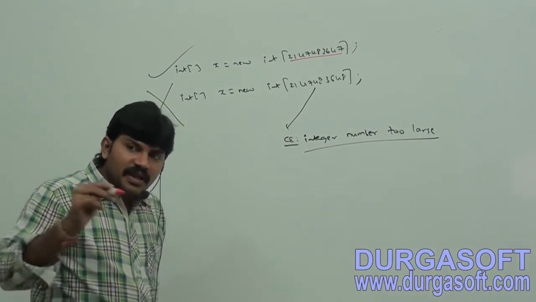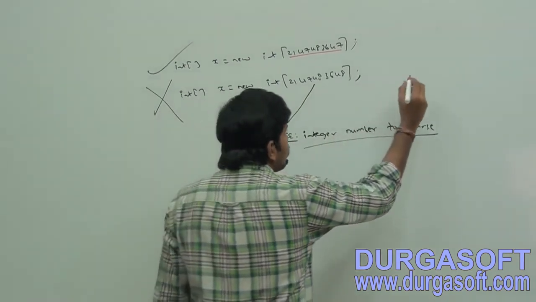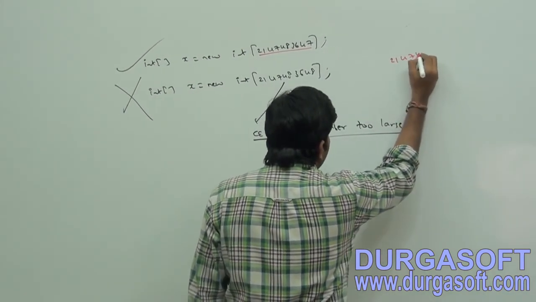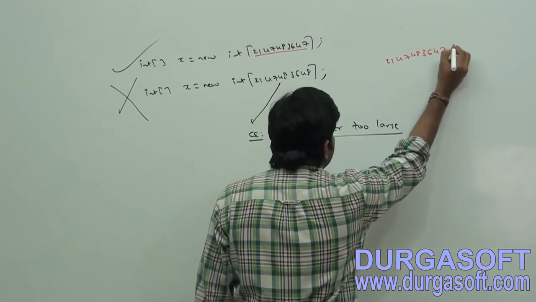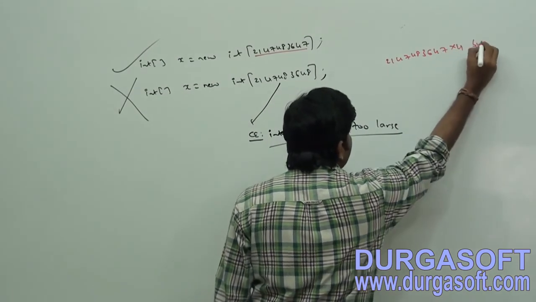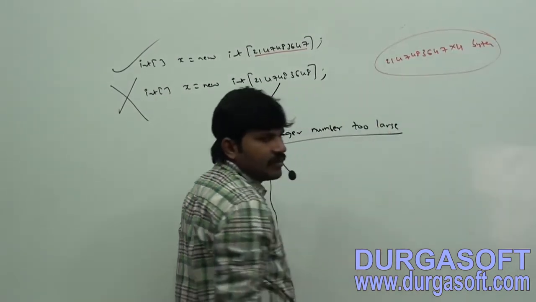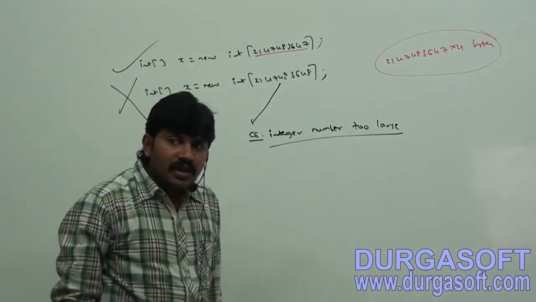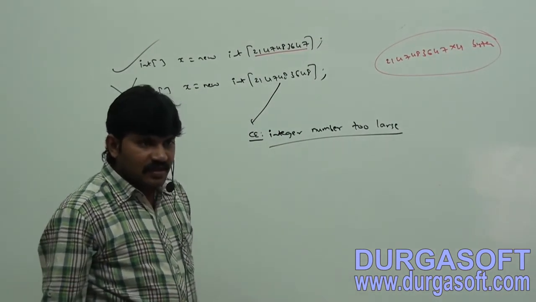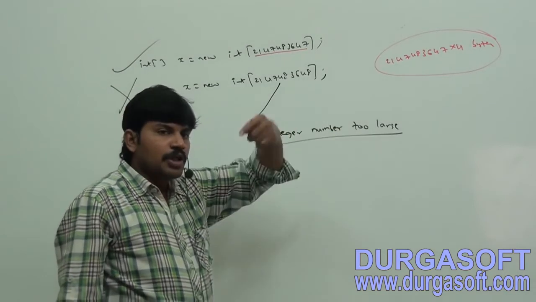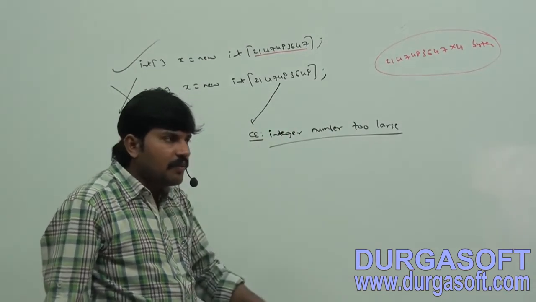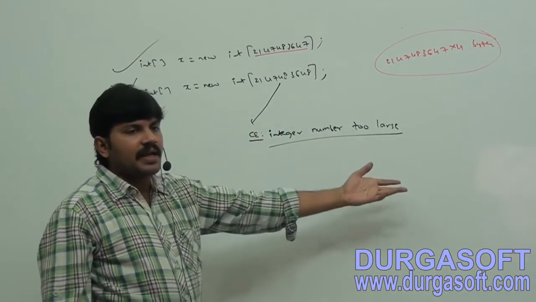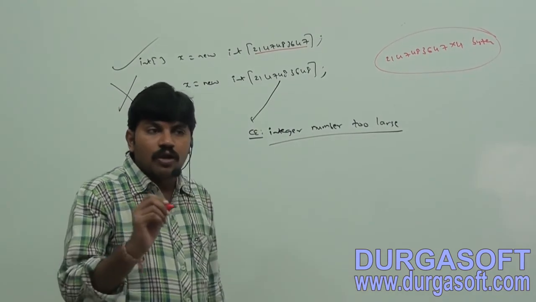So 2147483647 times 4 bytes of memory is required to create this array. This much memory may not be available in my system, and then we are going to get an out of memory error.